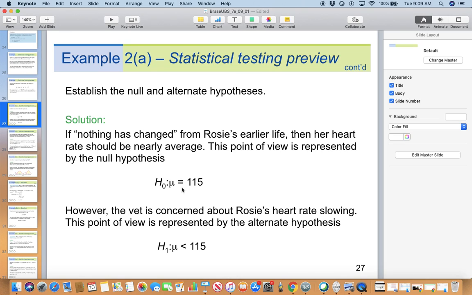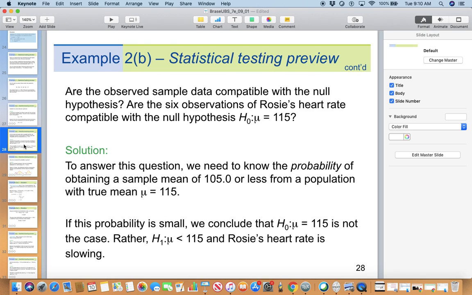The vet is concerned about Rosie's heart rate slowing. So the alternate hypothesis is mu less than 115. This is the alternate hypothesis we wish to test.